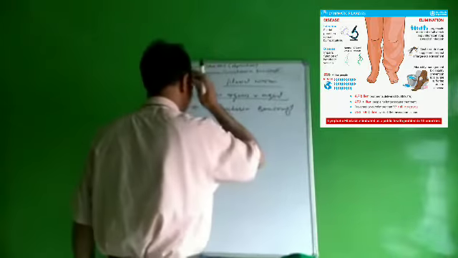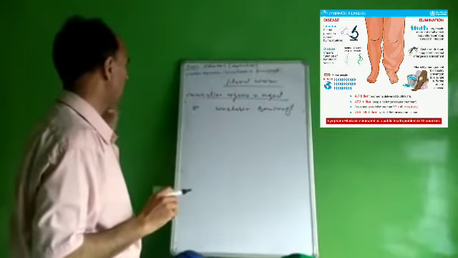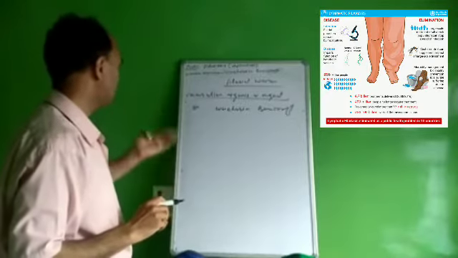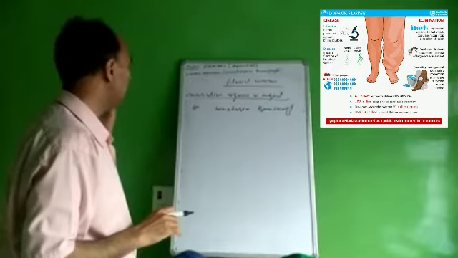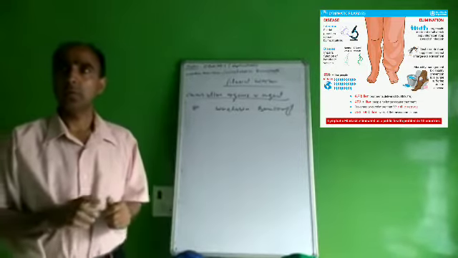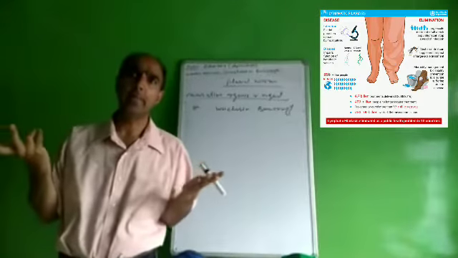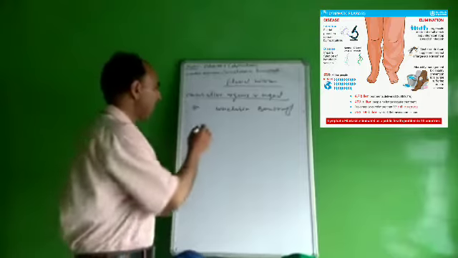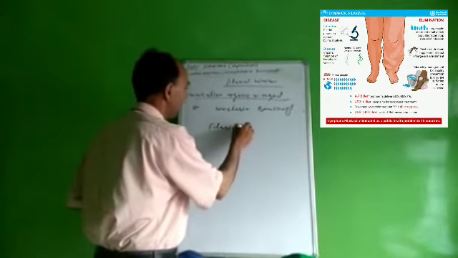This is the causative agent, the causative organism of this dangerous disease, filariasis, or we call it elephantiasis. The causative organism is commonly called the filarial worm.